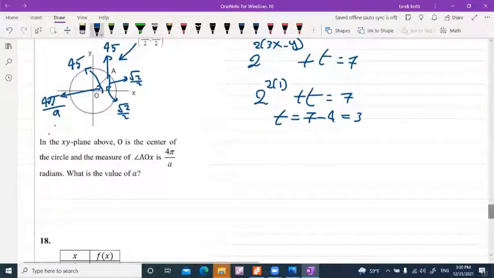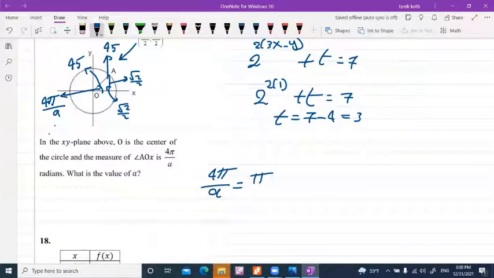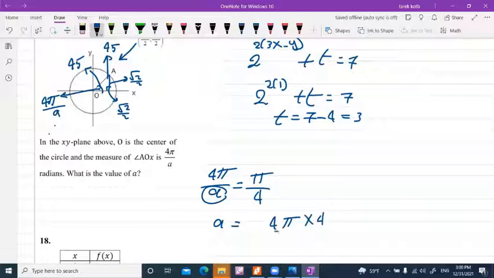That means this angle, which is 4 pi over A, equals pi over 4. You can get the A now: A equals 4 pi times 4 over pi, so it will be 16. So A equals 16.